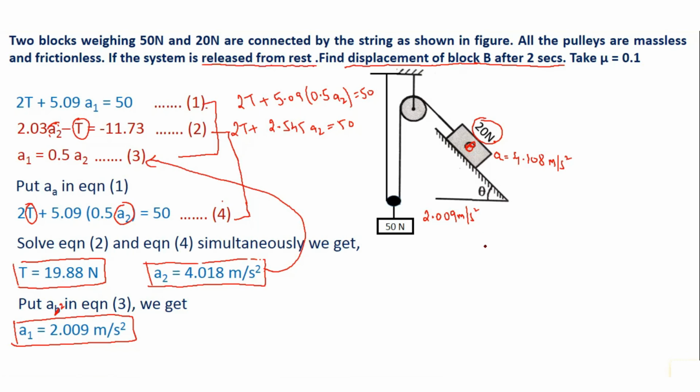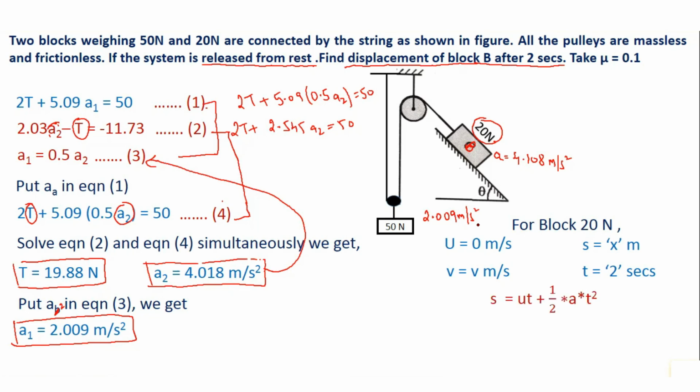So what I will do, I will write u is equal to 0, v is equal to v, s is equal to s, because we need to find out displacement, t is equal to 2 seconds. And now we can find out the answer easily by using equation of motion as s is equal to ut plus half at square. So in this, u is known to us as 0. Acceleration for 20 Newton block we already found out as 4.108, and time is given to us as 2 seconds.